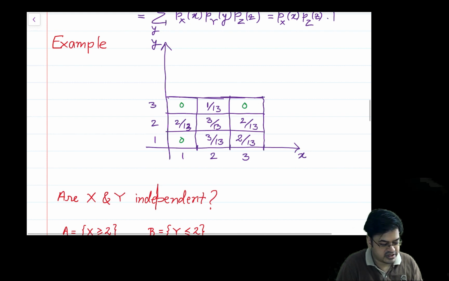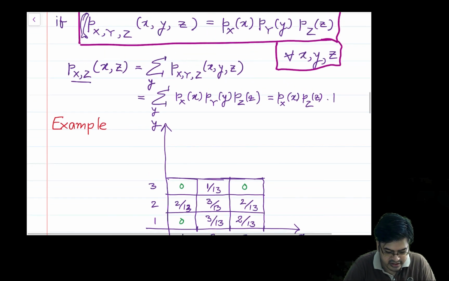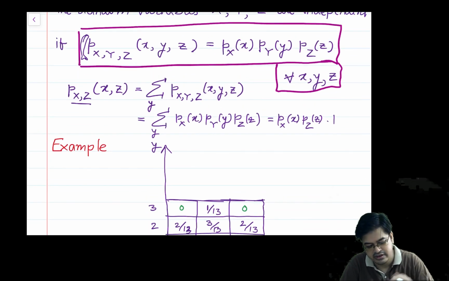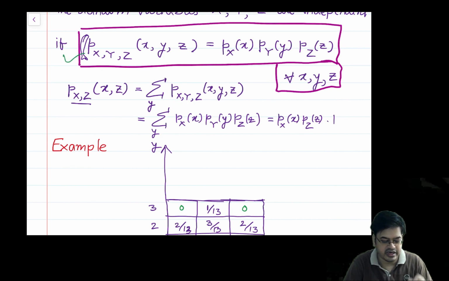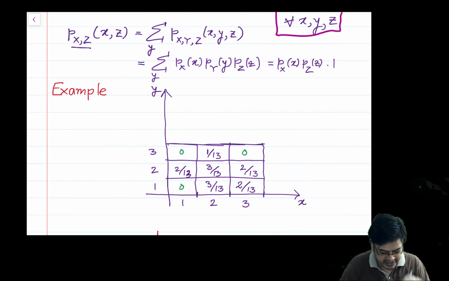Here the first question is, are x and y independent? Given the notion of independence which is given here, you can do the computation and show whether they are independent or not. But just looking at this picture, if I tell you that the random variable x has taken the value 1, can you say something about the random variable y?